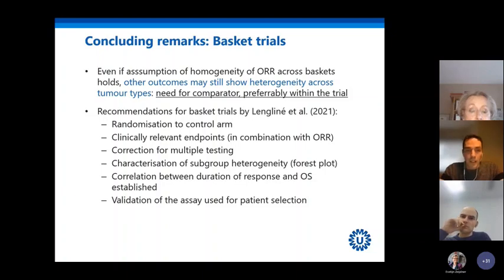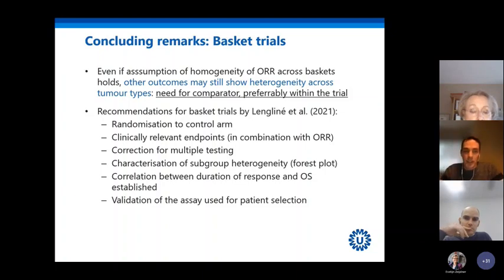Even if you do a pooled analysis, you should always show the heterogeneity across subgroups, for instance using a forest plot. And if you do not have many results about overall survival, then it's important that you establish or show that there is at least a correlation between the duration of response and the overall survival.